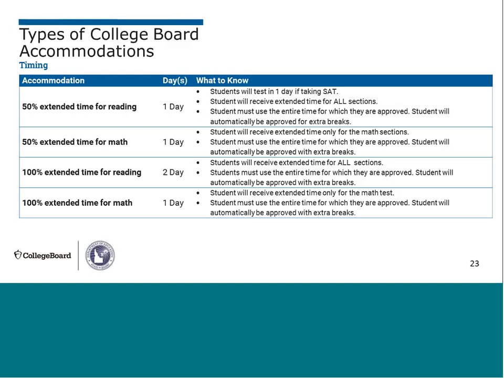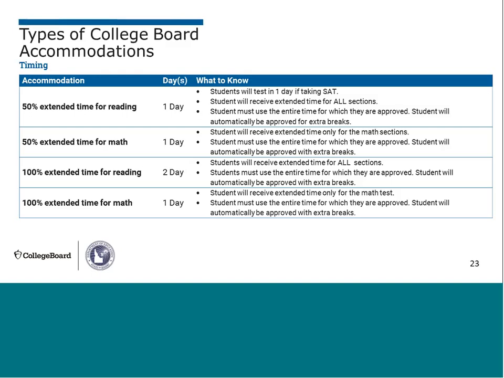Again, for each of these extended time options, you'll see that the students will receive the time for either all sections, if it's the reading accommodation, or just for the math section, if they only need assistance in timing for math.